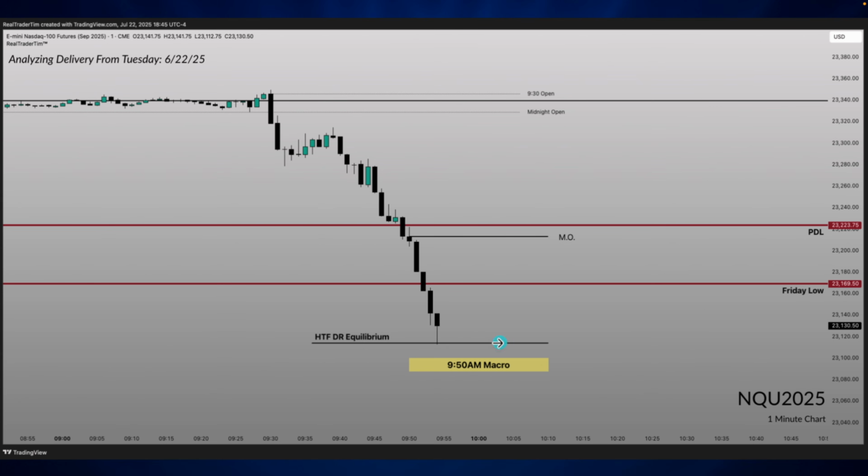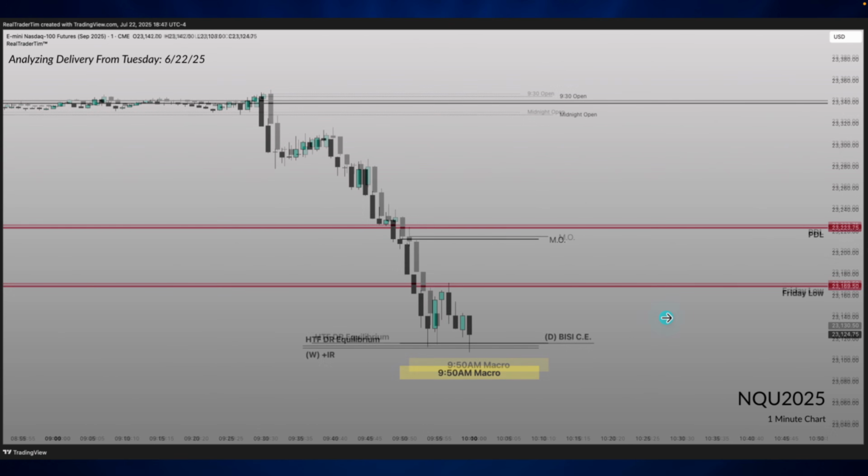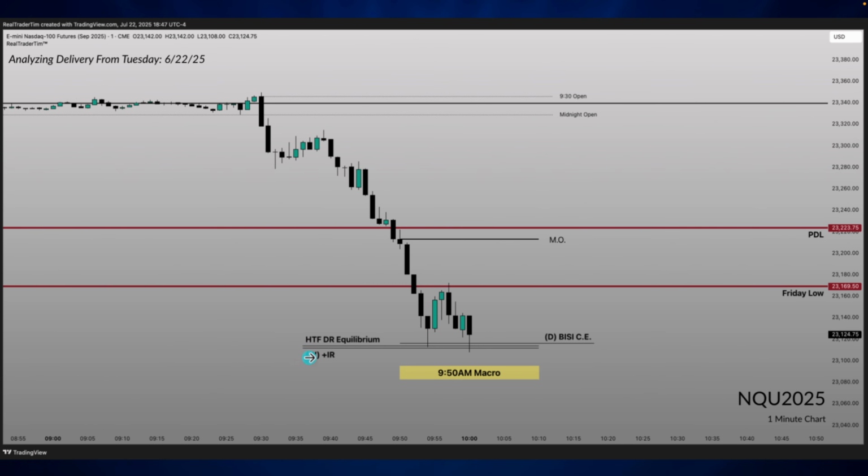Okay, so already we see a wick away, another way to put it, the body's respecting equilibrium of our higher time frame dealing range. Now progressing forward, this is again all in close proximity, the weekly bullish immediate rebalance, this bottom black line, and then daily BISI CE or 50%, right?